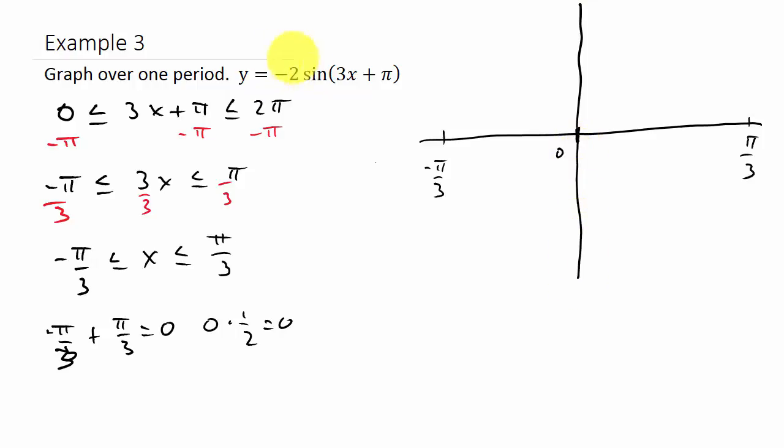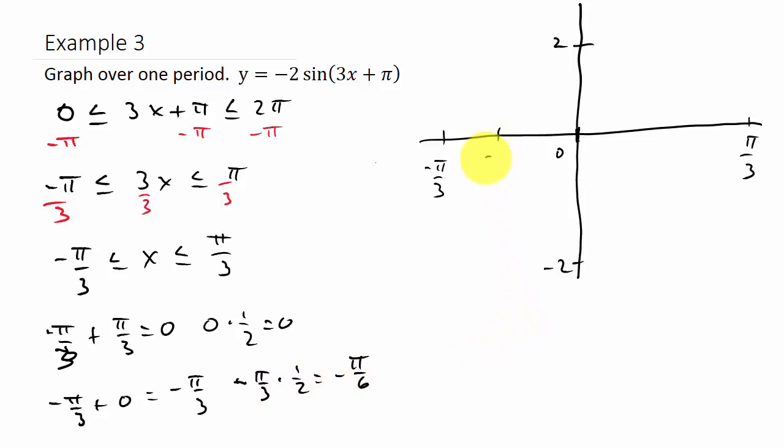Alright, and then our amplitude is what? 2, so we know our max and min value is going to be 2 and negative 2. Alright, so now let's find the midpoint here. So that would be negative pi over 3 plus 0, which is negative pi over 3, and negative pi over 3 times a half is negative pi over 6.